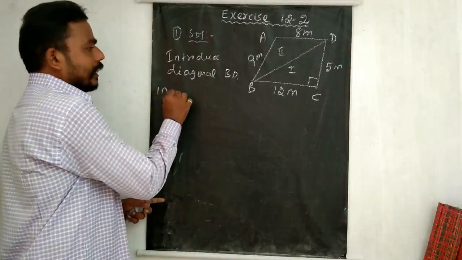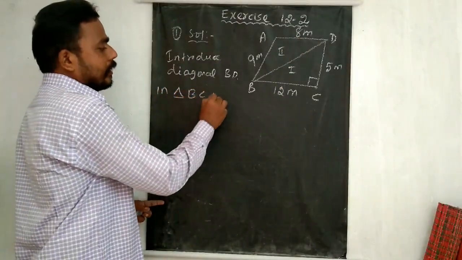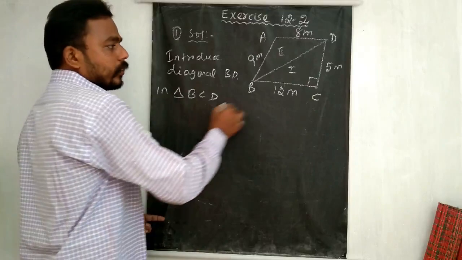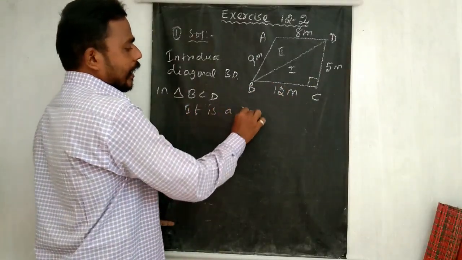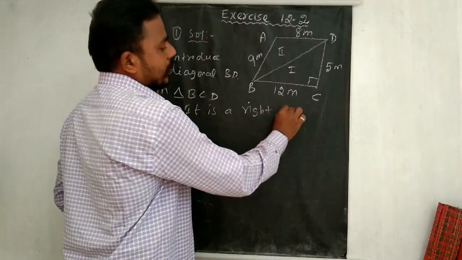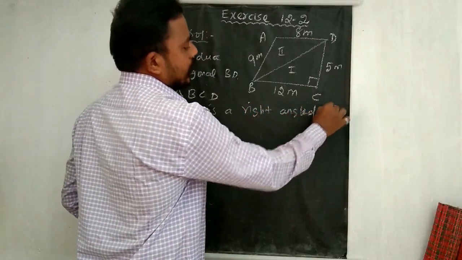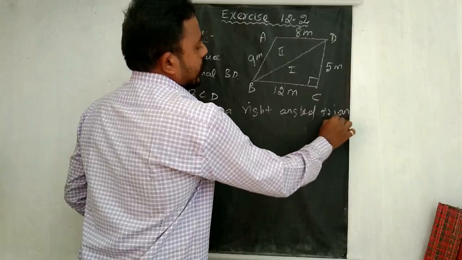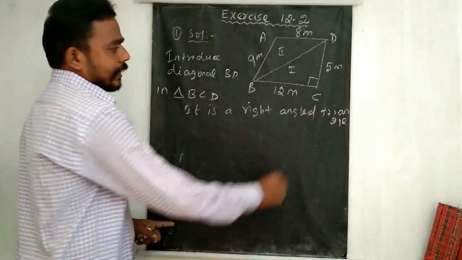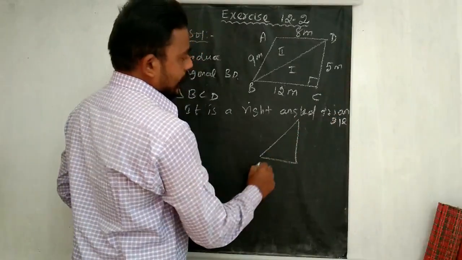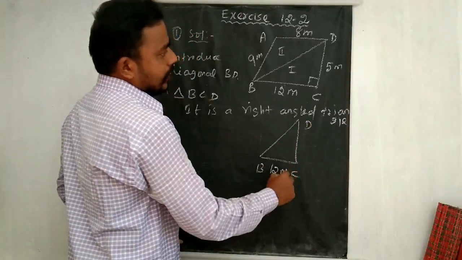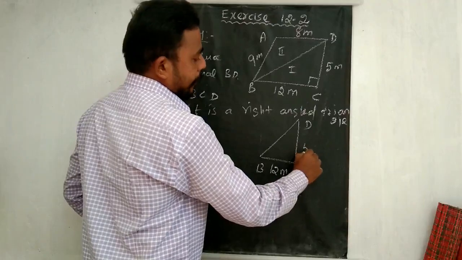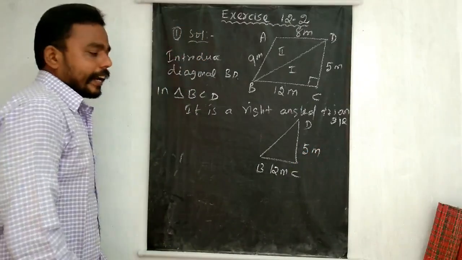In triangle BCD, it is a right angle triangle, with BC 12 meters and CD 5 meters.